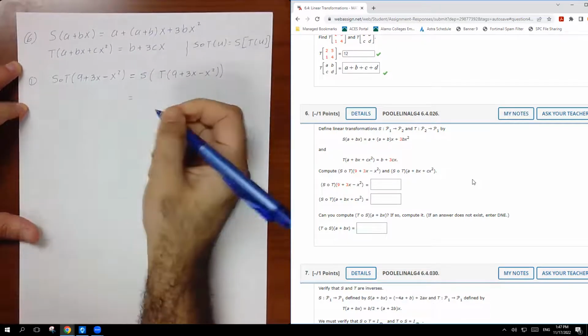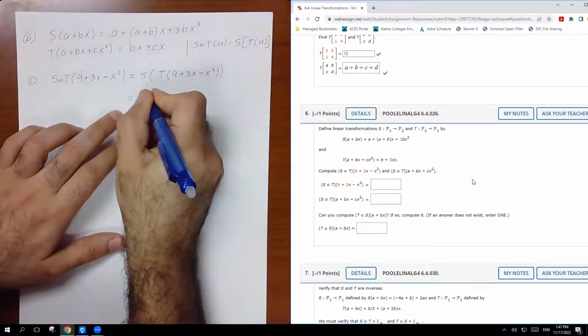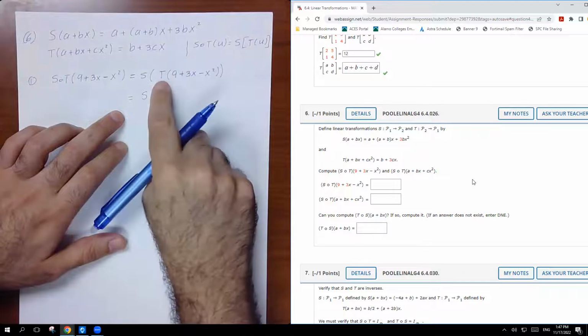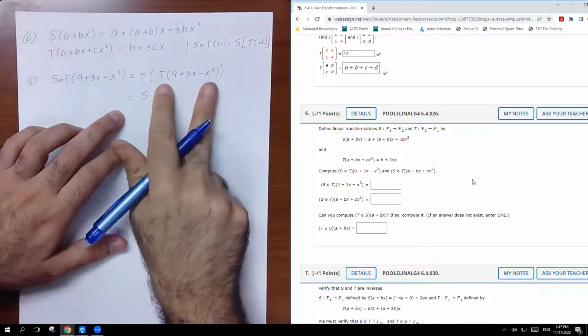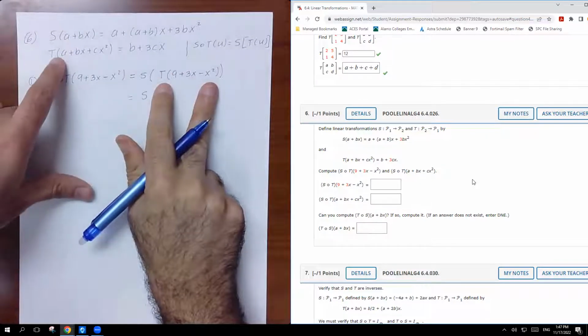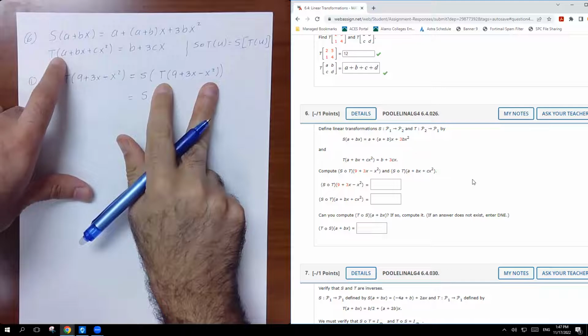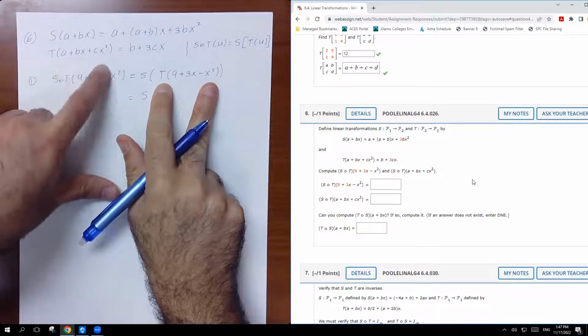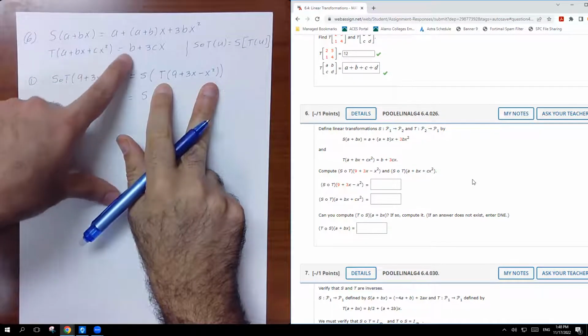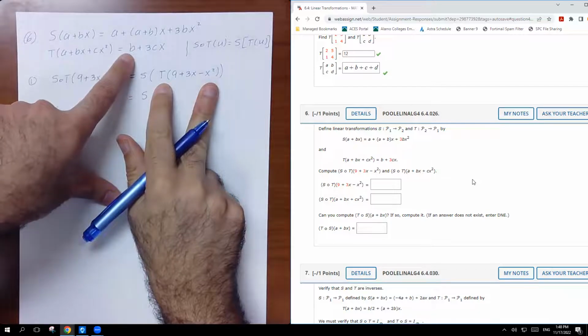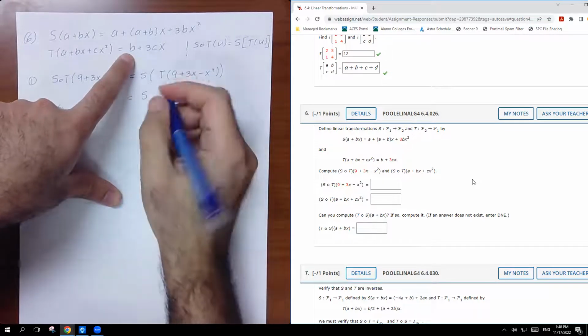And this one is going to be equal to S of T of this one. I'm going to use the transformation T. They're telling you the transformation of any second-degree polynomial A plus BX plus CX squared is going to be the B by itself. The B here is a 3.